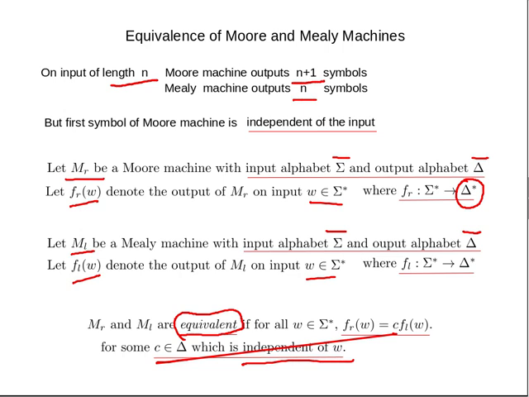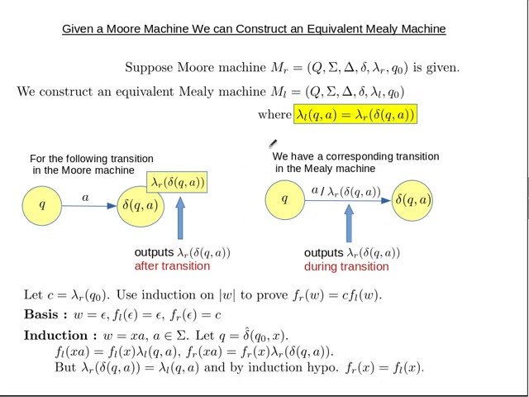Converting a Moore machine to a Mealy machine is easy. Converting a Mealy machine to a Moore machine is slightly more involved. Both are straightforward, but Moore to Mealy is absolutely trivial. So how do we do that?